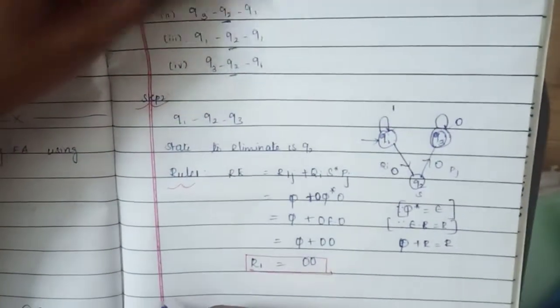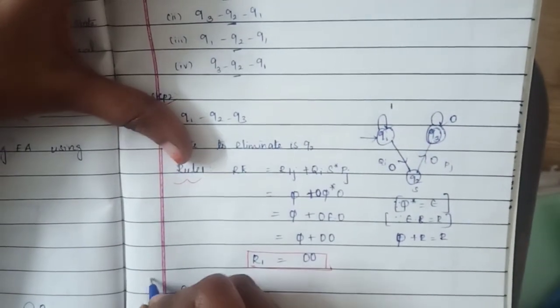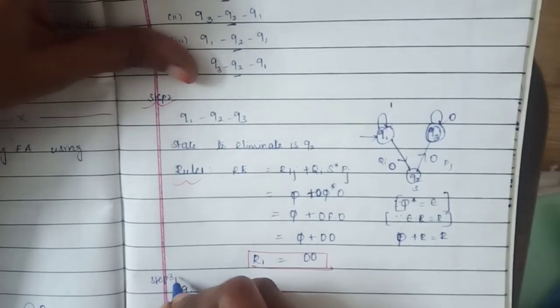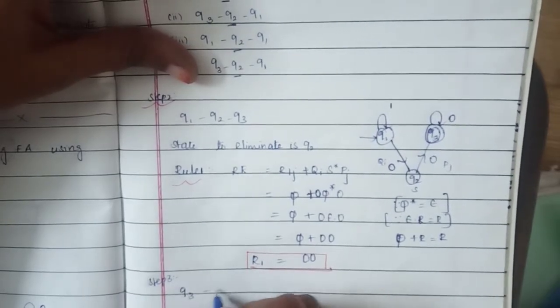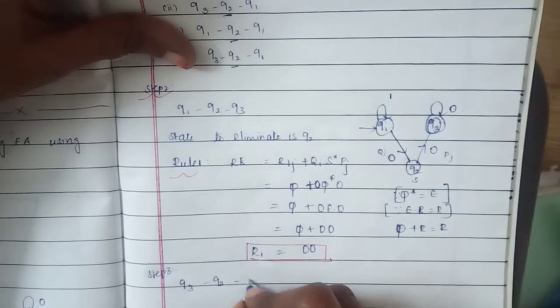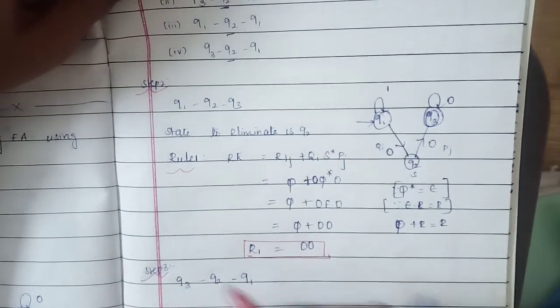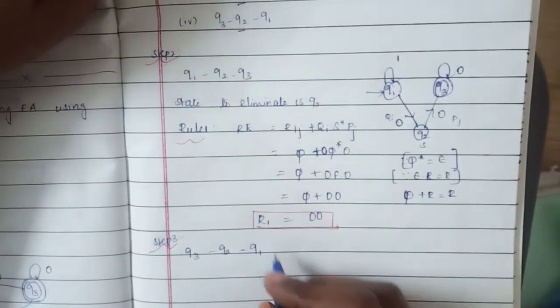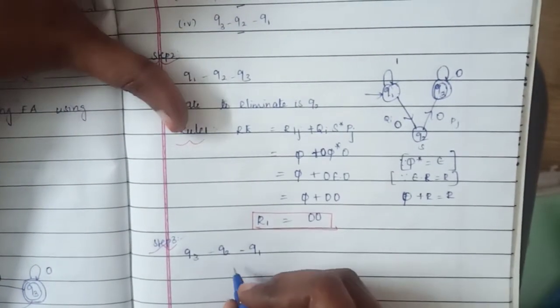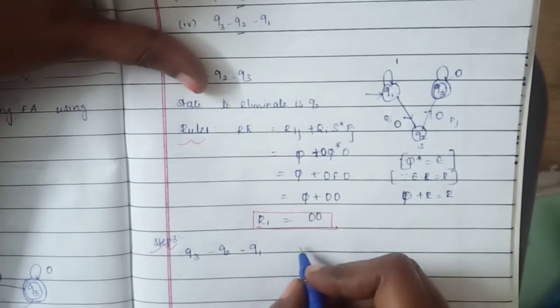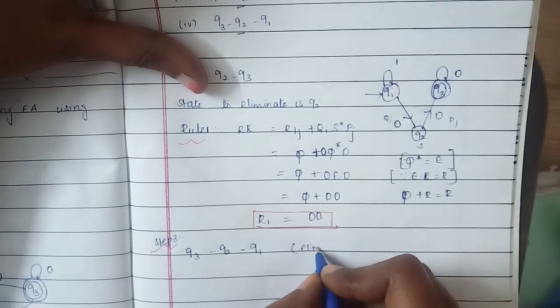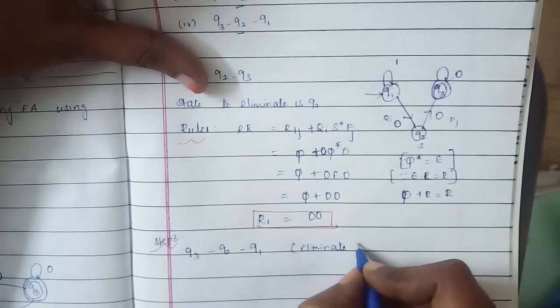This is step 3: Q3, Q2, Q1. Here again we eliminate the state Q2.